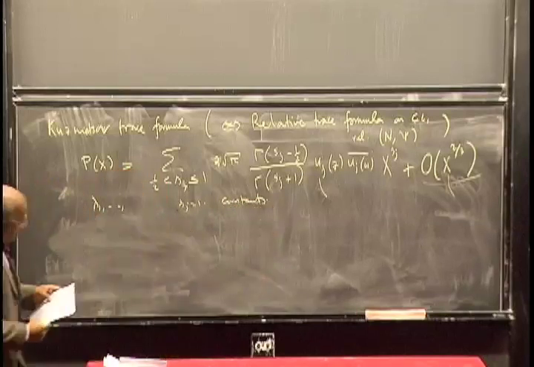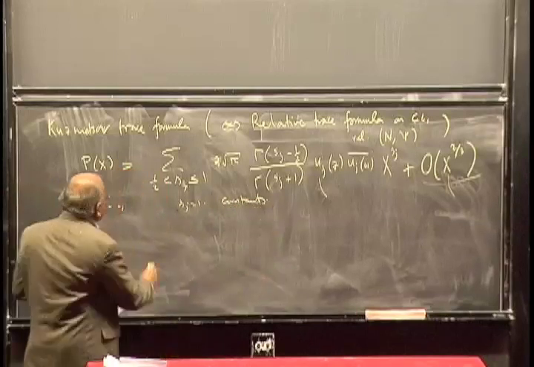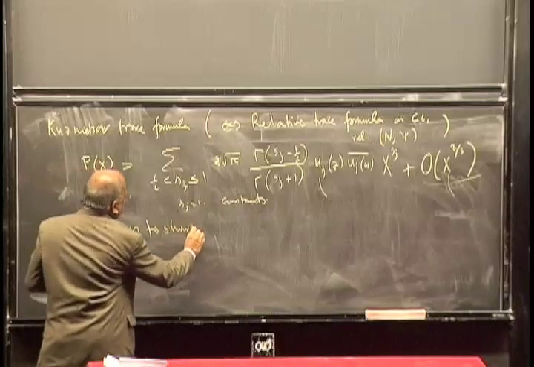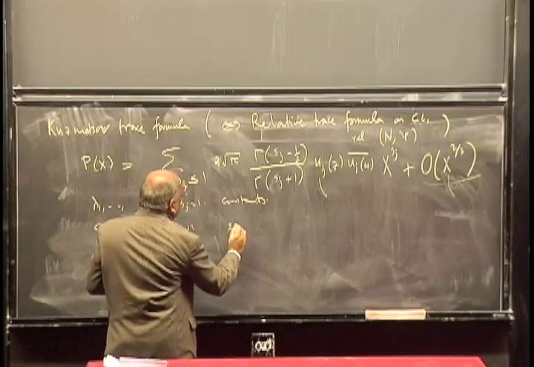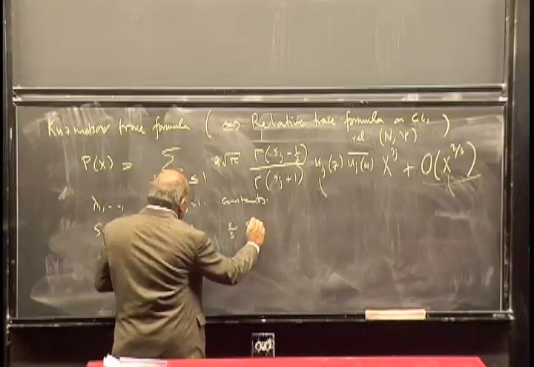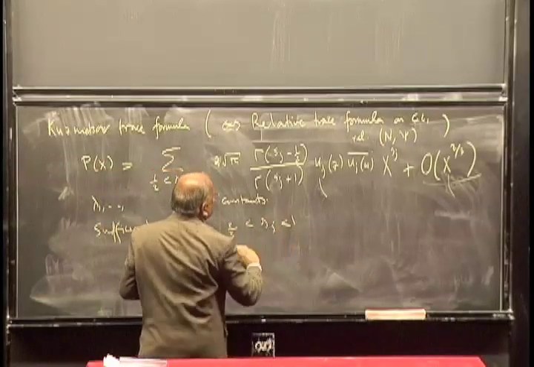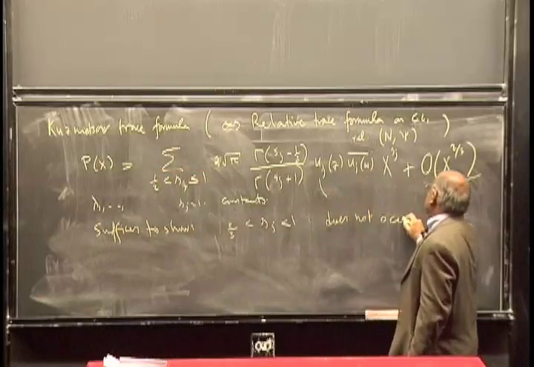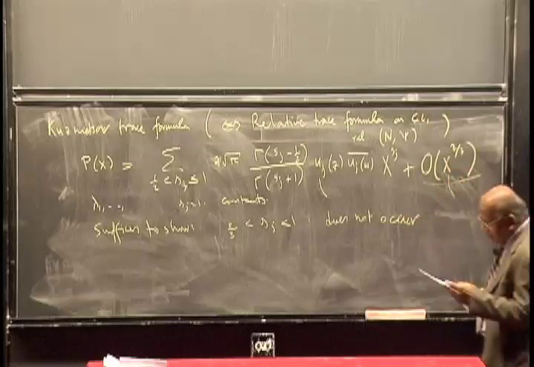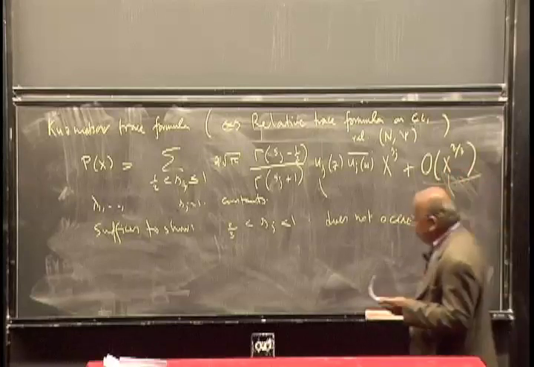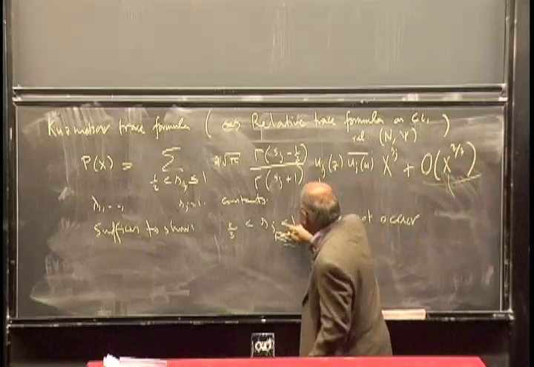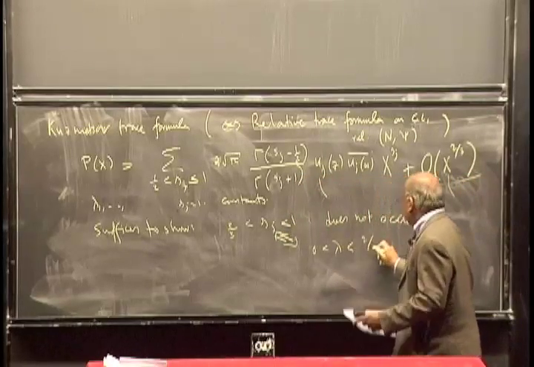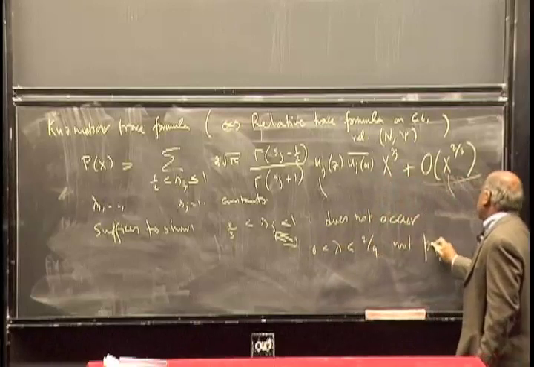So therefore, to prove the theorem it essentially suffices to show that s_j between 2/3 and 1 does not occur. So that's the same thing, if you like, as saying that lambda is not between 0 and 2/9. Not possible.